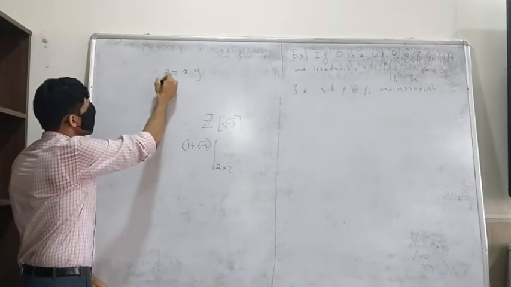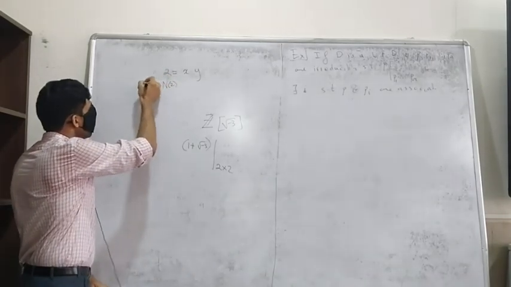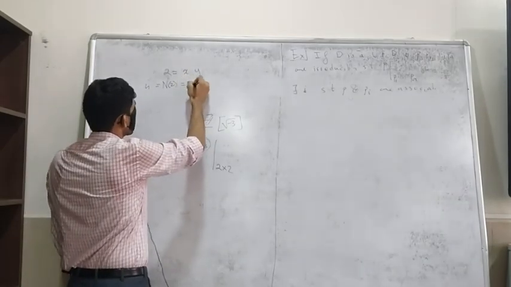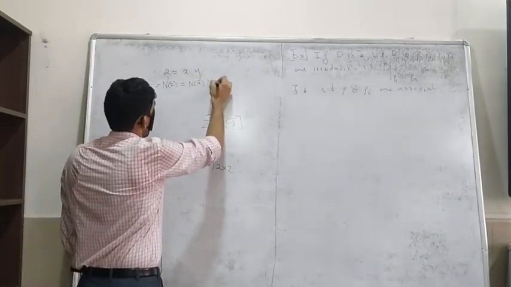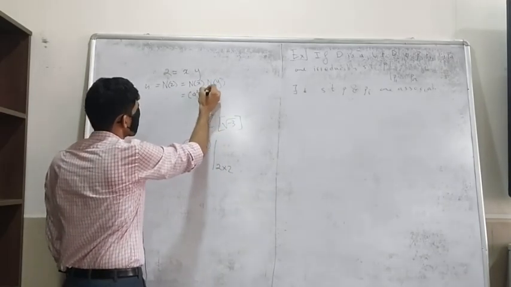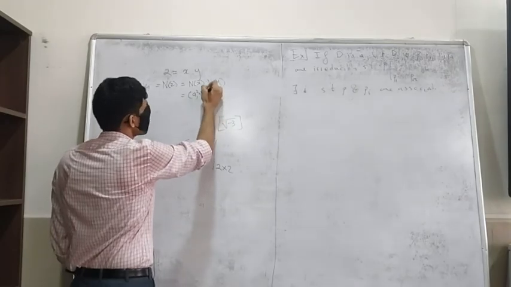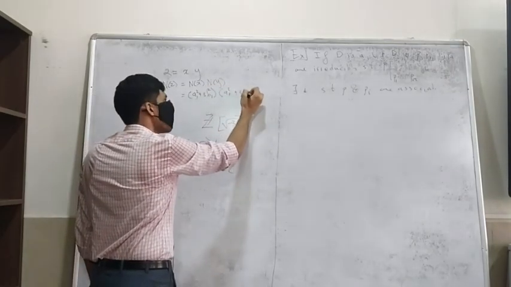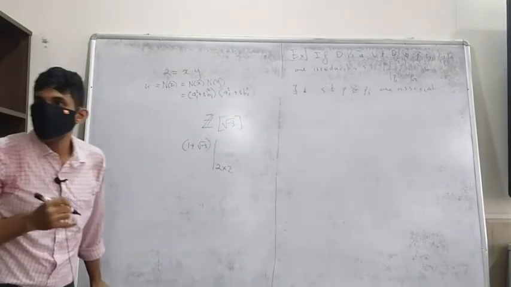Now check the norm on both sides. You get N of 2 is 4, and this side you will get N of x times N of y. This is some a1 square plus 3 times b1 square, into a2 square plus 3 times b2 square. Okay, this is what you get.